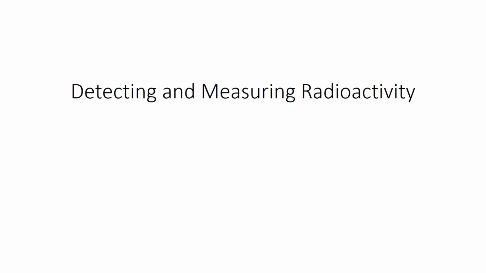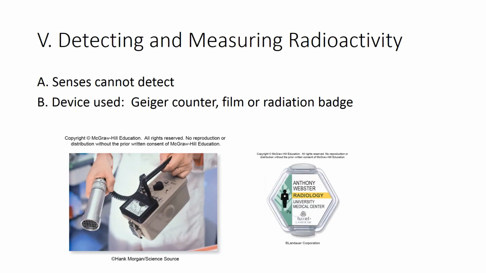So we've talked about what radioactive nuclei are, what the nuclear reactions look like, what radioactive decay looks like, how to calculate half-life. Let's talk about how you can detect and measure radioactivity. All right, so radioactivity can't be detected or measured using just your senses. You're not going to smell something funny if there's any radioactivity nearby.